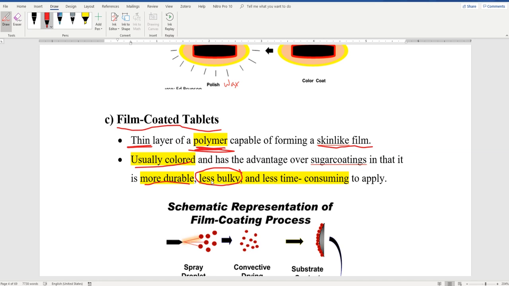It's like protective, like our skin. It holds the tablet and it's flexible. Therefore any shock to the tablet will not cause the tablet to break easily. So it's more durable, it's less bulky, and also it's less time consuming.